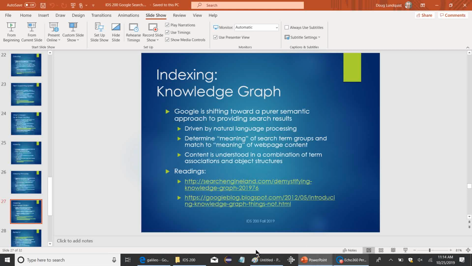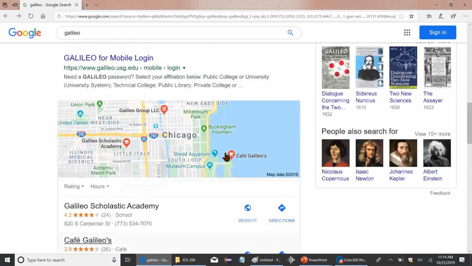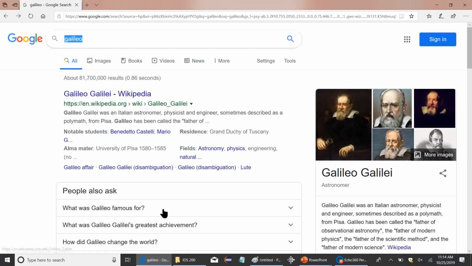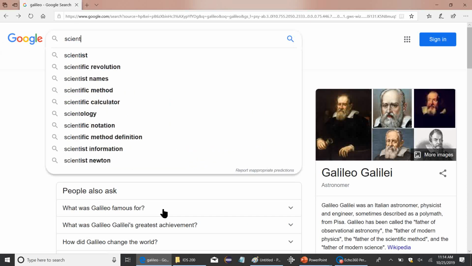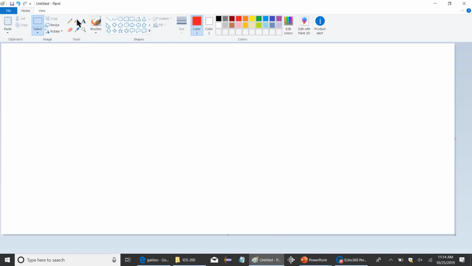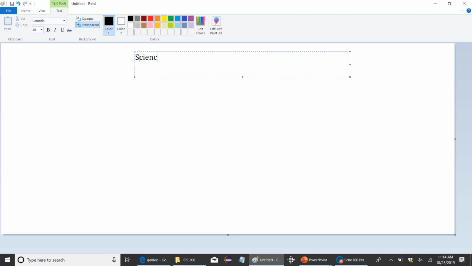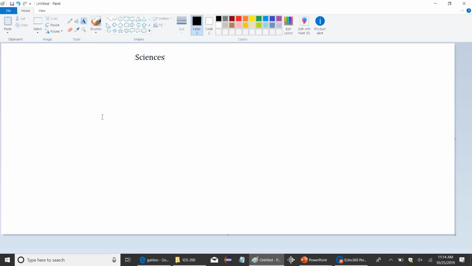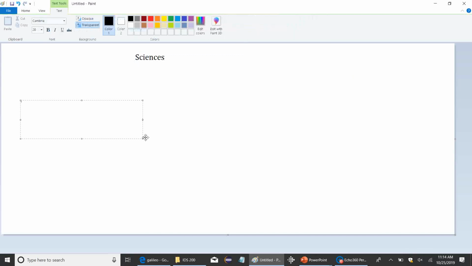right? If I do a search on Google for scientists, well, let's start with science. We'll do this. Okay. What are some branches of science? Let's start. What's a branch of science starting with A? Sure, astronomy.